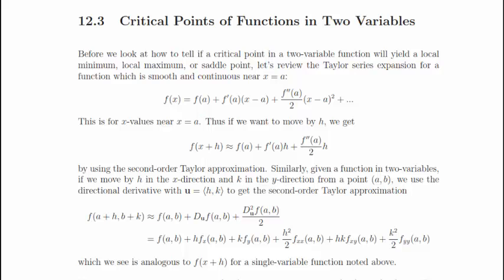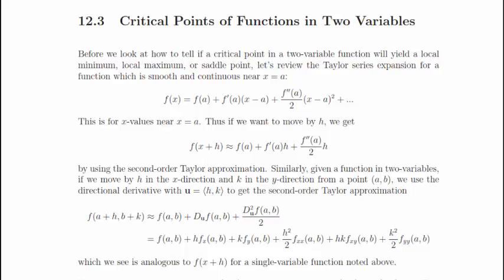All right, section 12.3, critical points of functions in two variables. Before we look at how to tell if a critical point in a two-variable function will yield a local minimum, maximum, or saddle point, we're going to do some review on Taylor series expansion for a function which is smooth and continuous near x equals a, so we're in a single variable. This is going to lead into the explanation of how to tell.